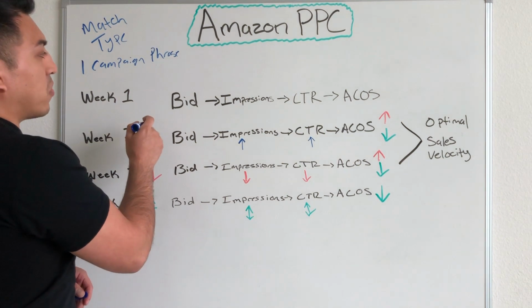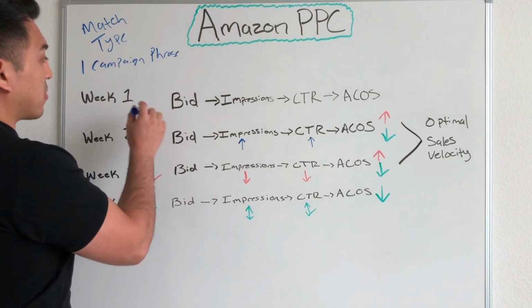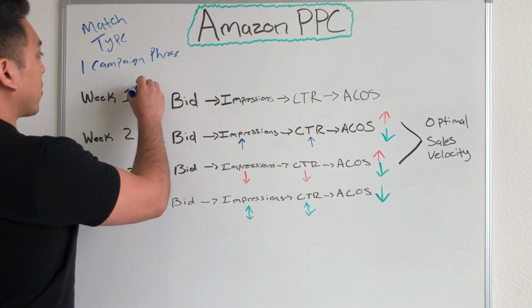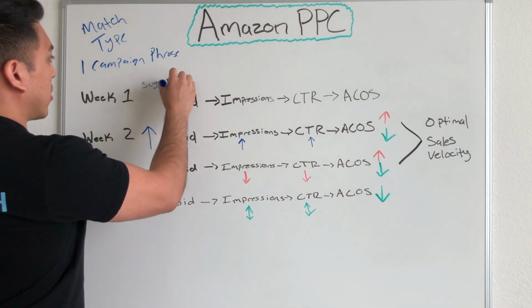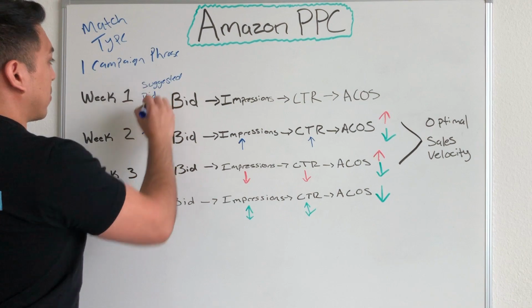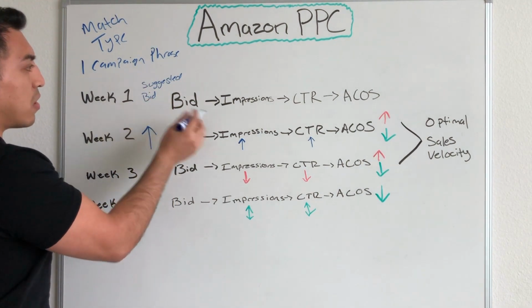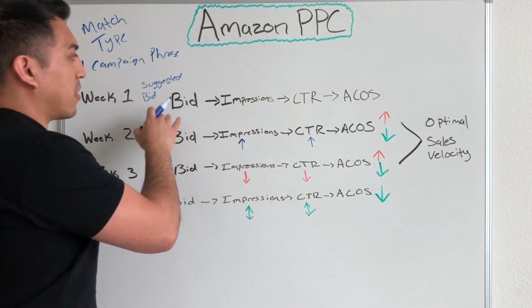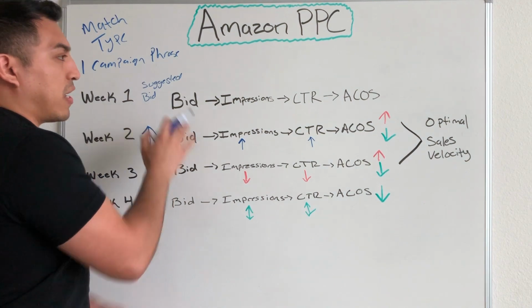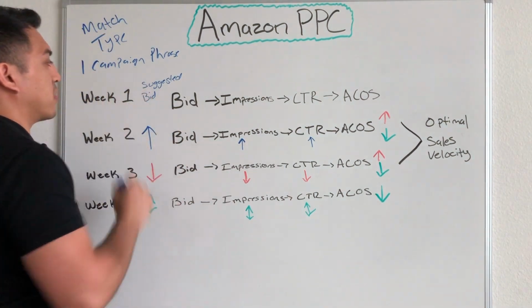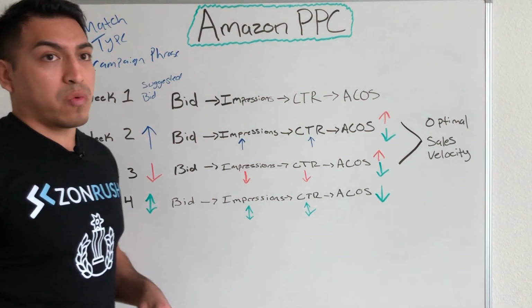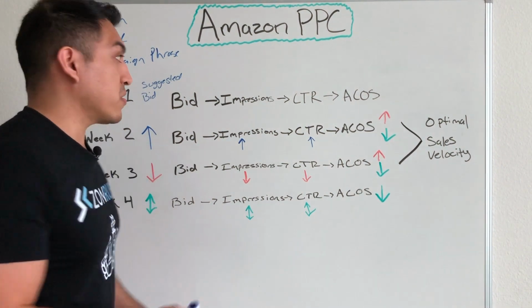So when you have 50 keywords max in your one campaign the first week, you're gonna go ahead and use Amazon's suggested bid, okay? So Amazon will just tell you what the average bid is, and they'll give you the median if you wanna stay in there. So go ahead and do their suggested bid. You could set the budget to whatever you want. Have it at least at $15.